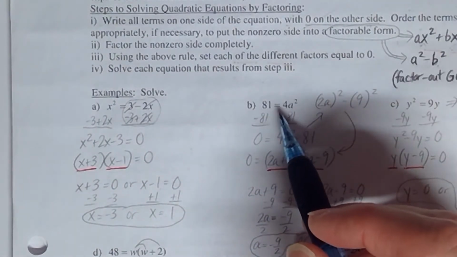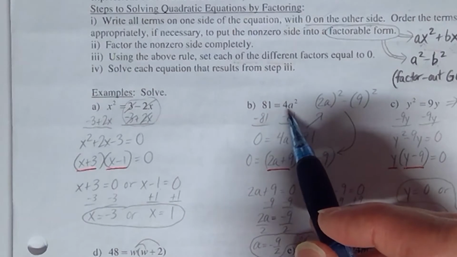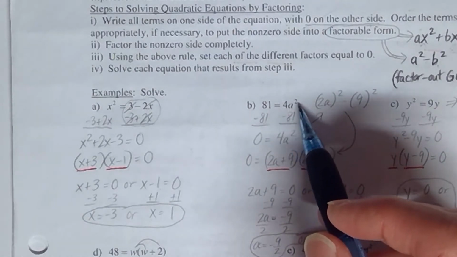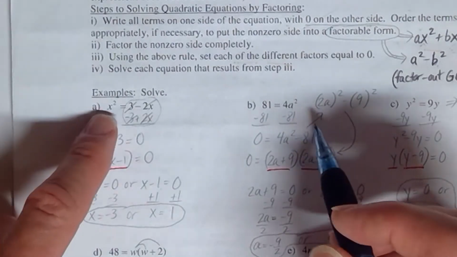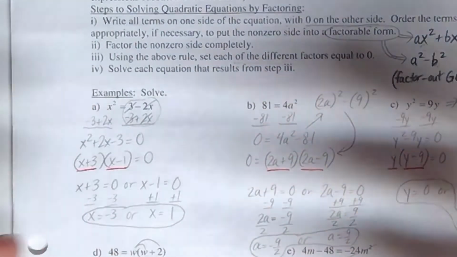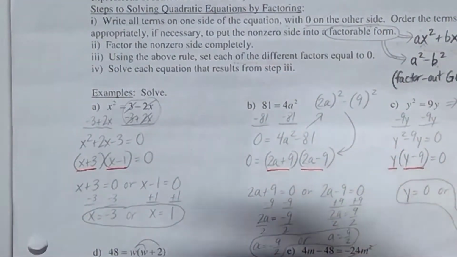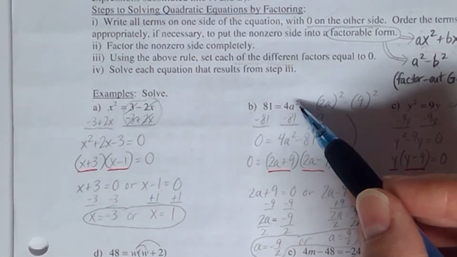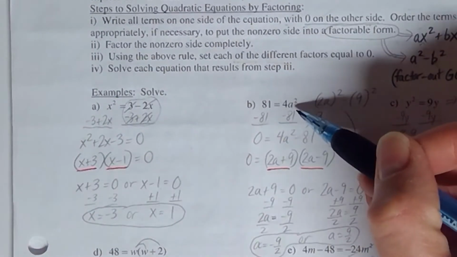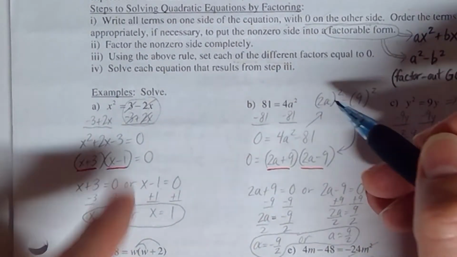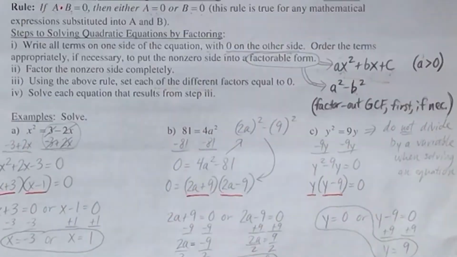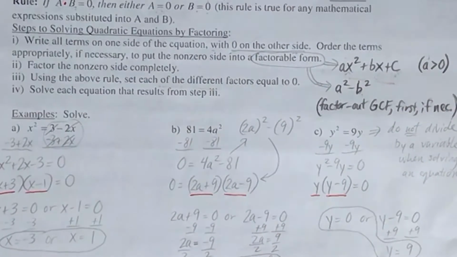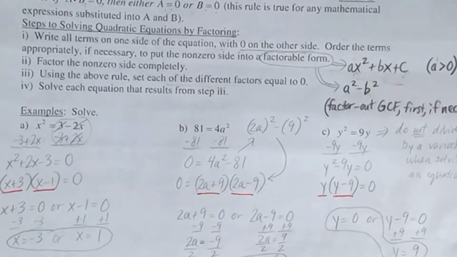And when you have a polynomial on both sides and the highest exponent attached to a variable is 2, such as a squared or x squared, notice you don't see x to the third power or x to the fourth power. If the highest exponent attached to a variable is to the second power, a to the second, x to the second, y to the second, for example, then you have a quadratic equation.